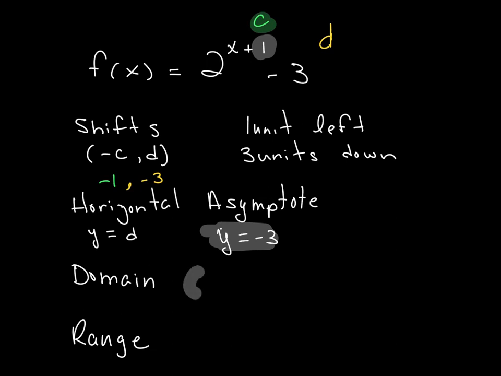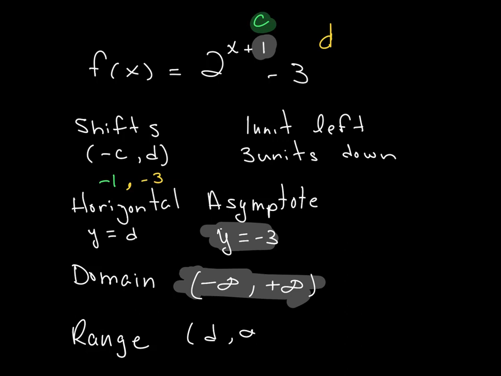The domain goes from negative infinity to positive infinity. So this is our answer for our domain. And the range goes from d to infinity, which in this case is just going to be -3 to infinity.